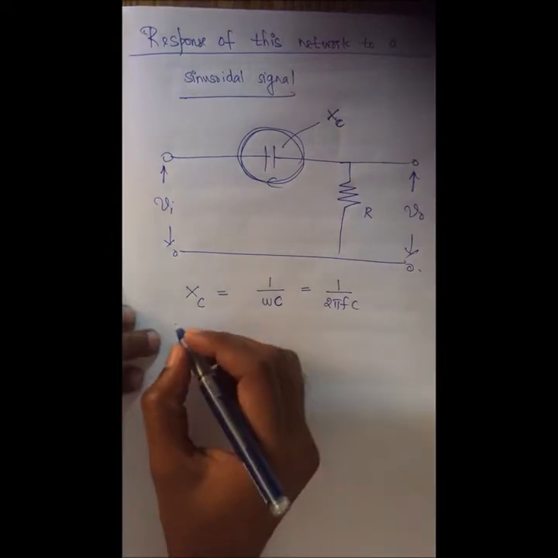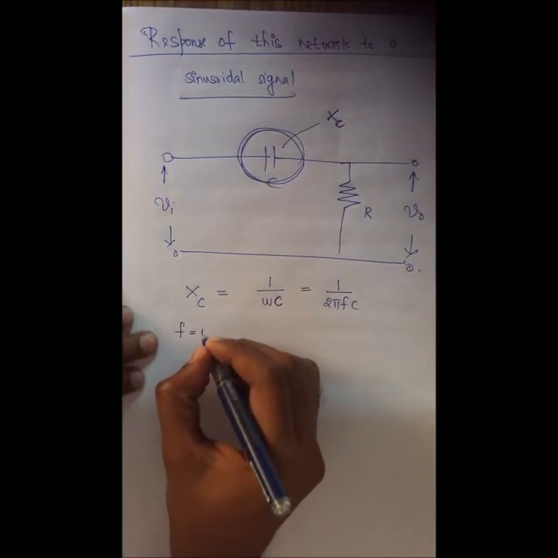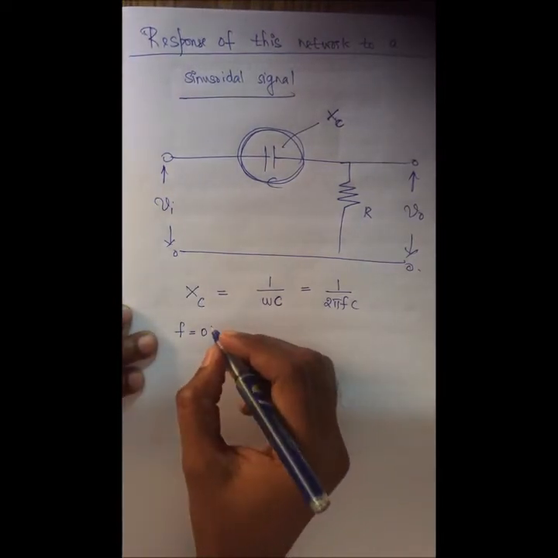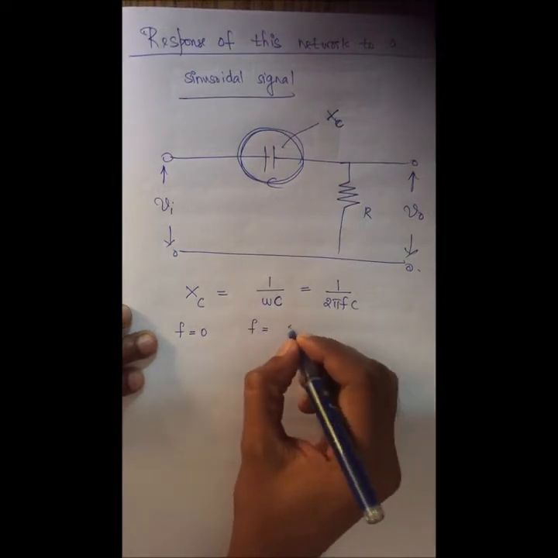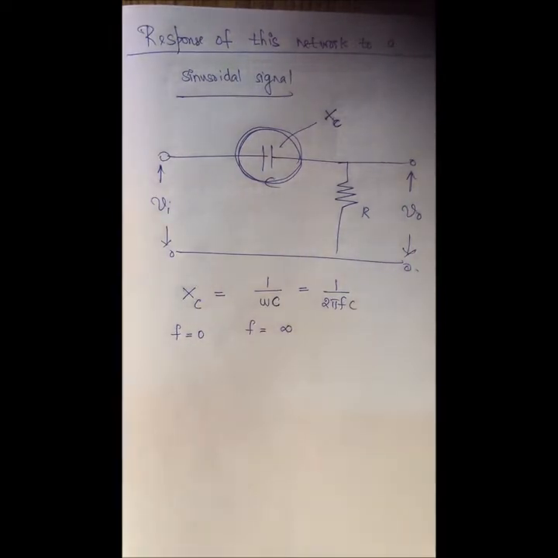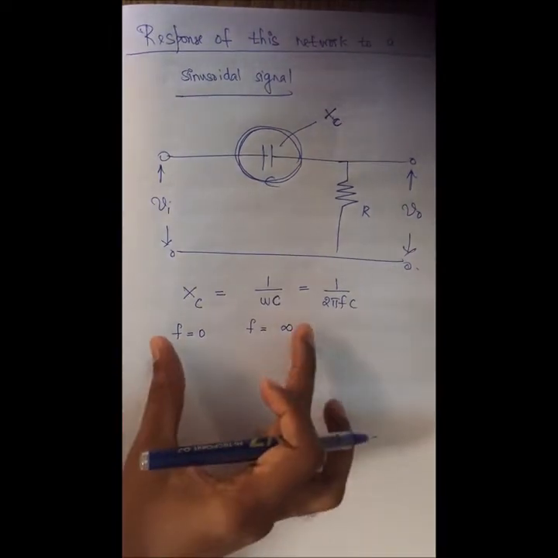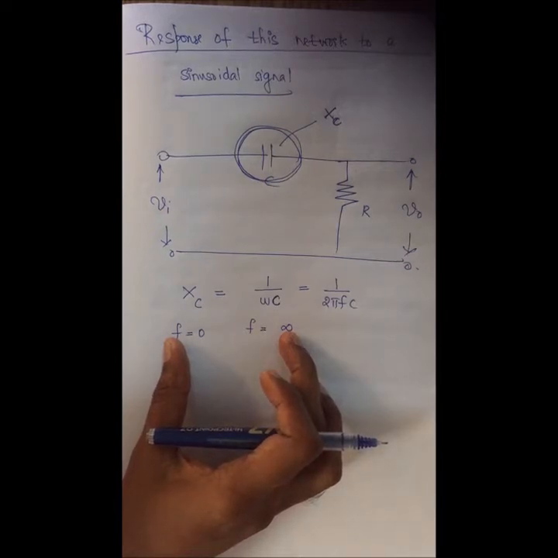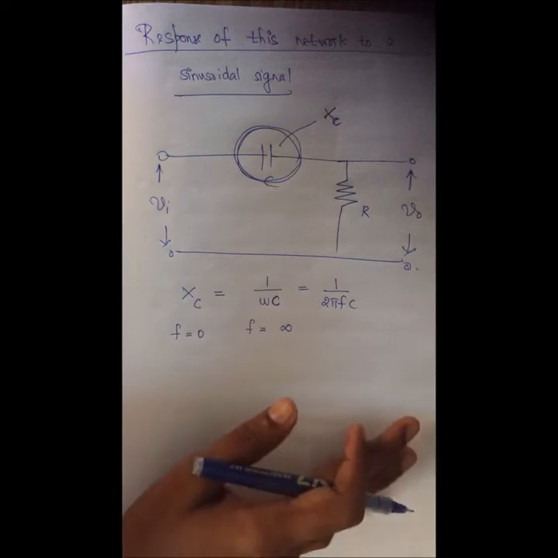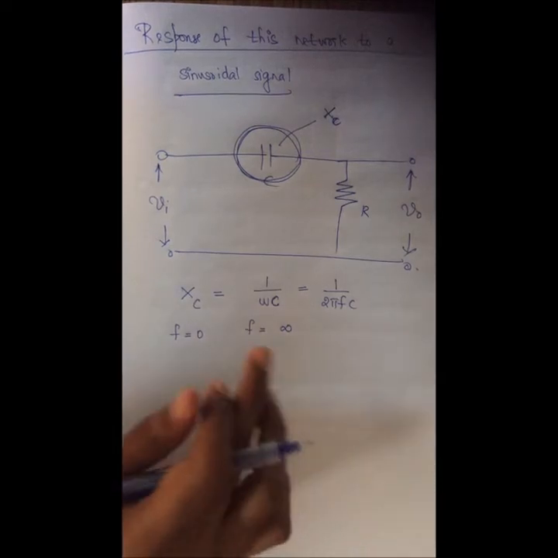One is how it behaves for frequency f equal to 0 hertz, and the other case is f equal to infinity. If we understand the condition for these two extremes, then we can picturize the entire response of the network precisely.